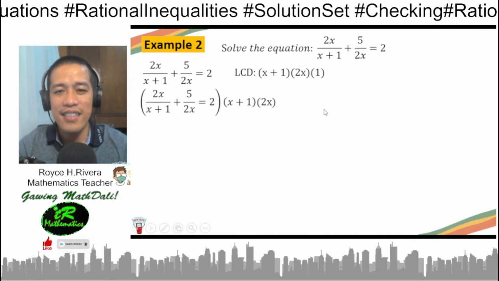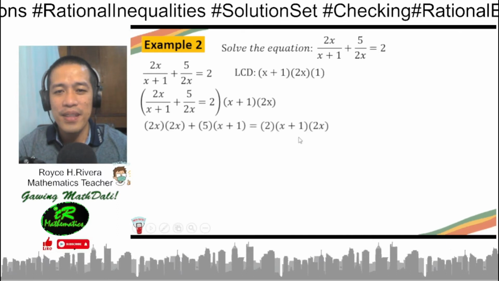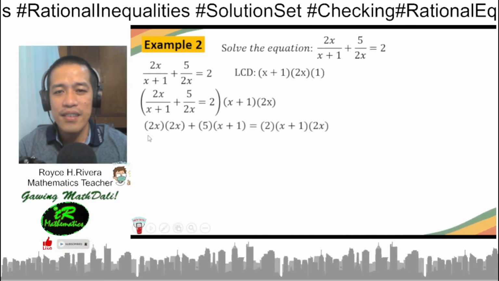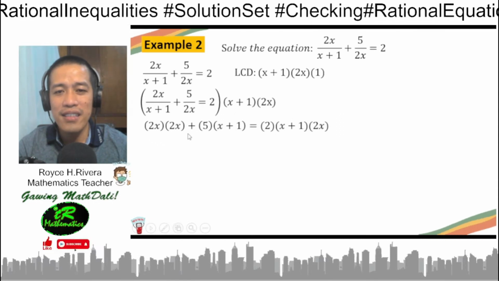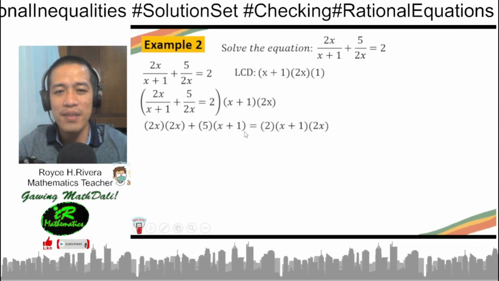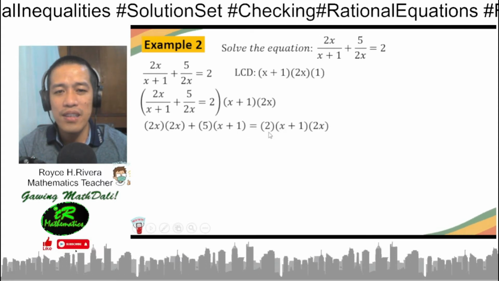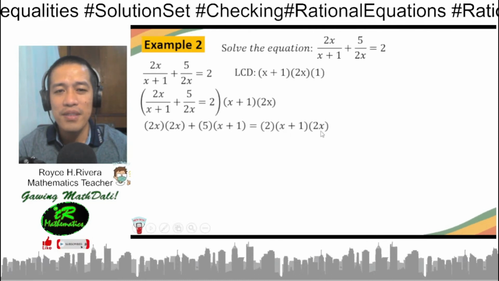Then let us get now the product. We will obtain 2x times the quantity 2x plus 5 times the quantity x plus 1 equals 2 times the quantity x plus 1 times 2x.